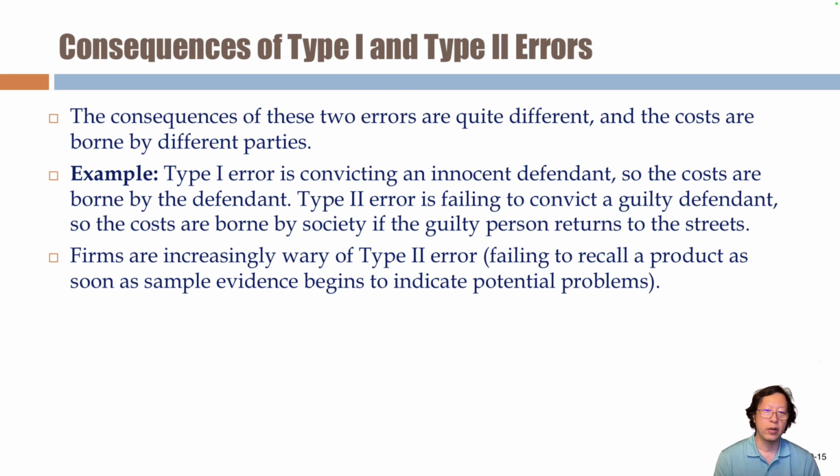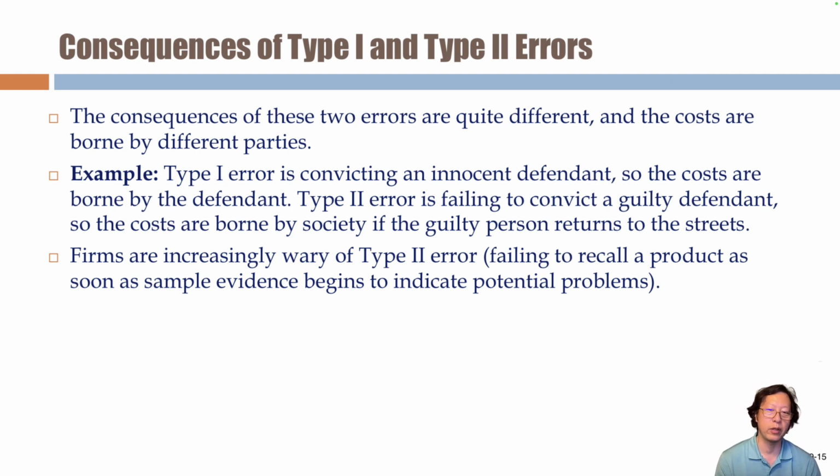So again, the example can be a lot like COVID. If you get tested for COVID, there is a type 1 error and type 2 error. Even though you have a real COVID virus, your test result can be negative. Or you don't have COVID, but your result can be positive.